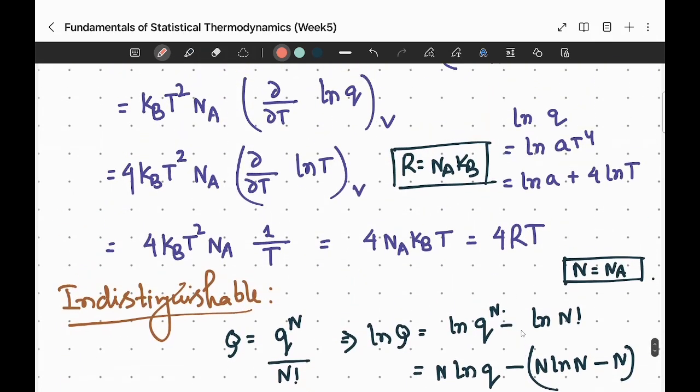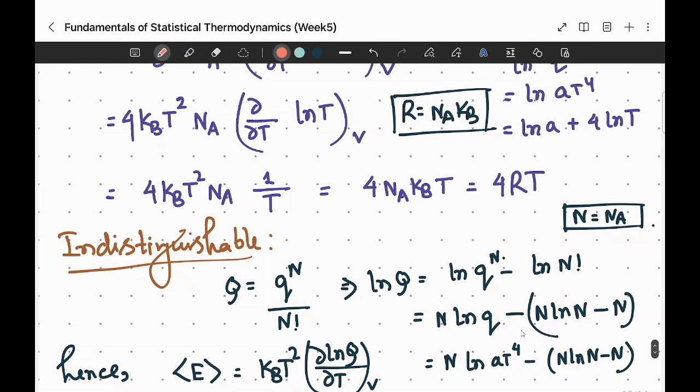Now, you are considering the internal energy, and in case of internal energy, that is a derivative with respect to temperature only. So when you add the N factorial part, that will not contribute anymore. Because now if you think in terms of physical picture, then also you can think why the N factorial came. N factorial came because there are N factorial arrangements. Due to overcounting, you have to divide it by N factorial.